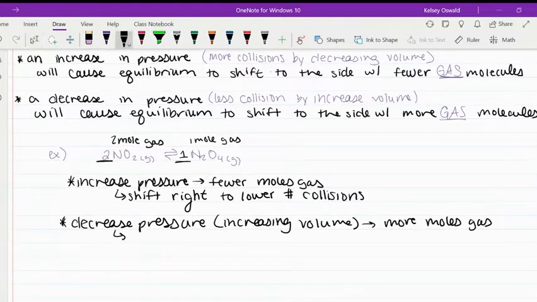So here we are going to shift left and start making more reactants, to undo that stress, to again increase our number of collisions.